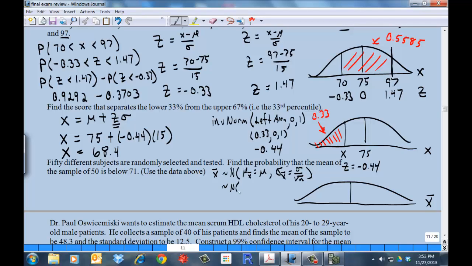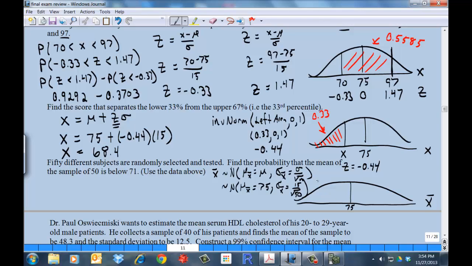So this tells us that the mean of the sampling distribution of x bar is 75, mu, and the standard deviation is equal to 15, which is the standard deviation, over the square root of the sample size, which is square root of 50. And what we want to know, find the probability, so the mean is 75. That's going to be right here in the center.